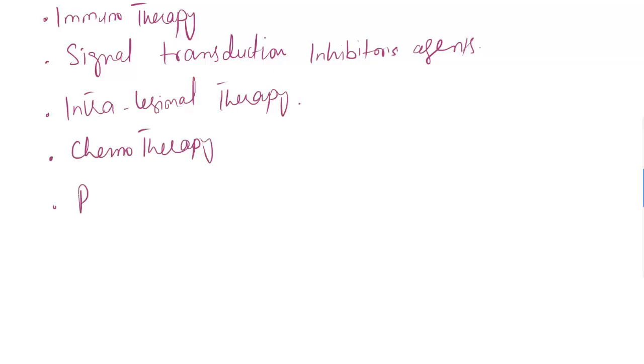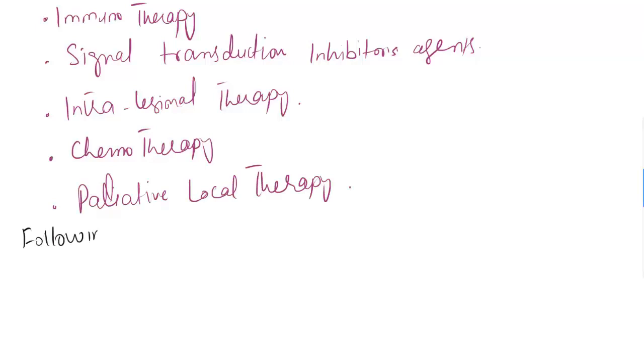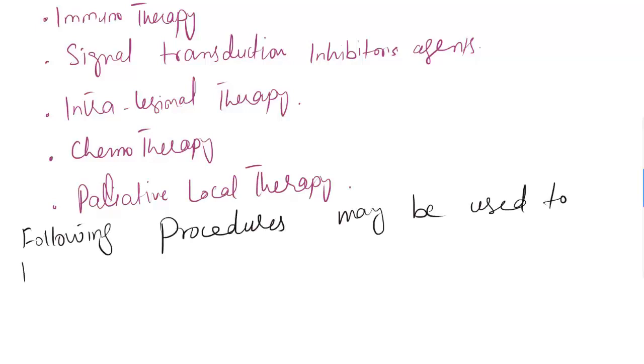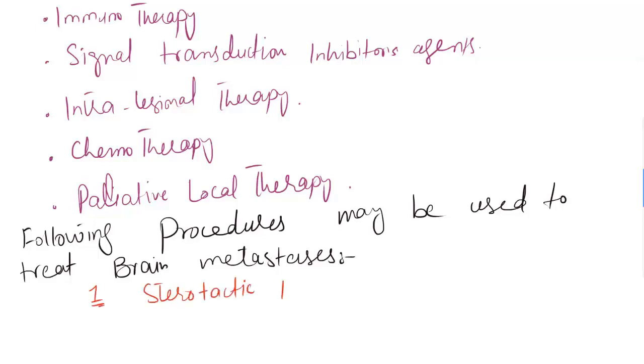Now we will move toward procedures that may be used to treat brain metastasis. Number 1 is stereotactic radiosurgery for patients with a limited number of mets, and second is external beam radiation.